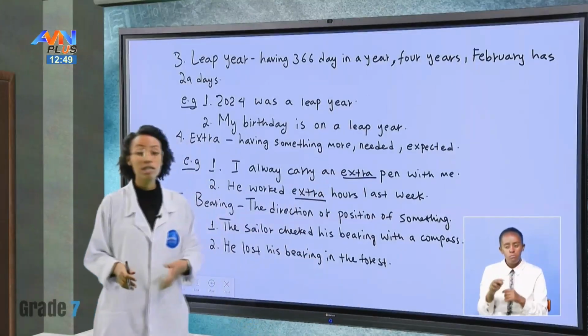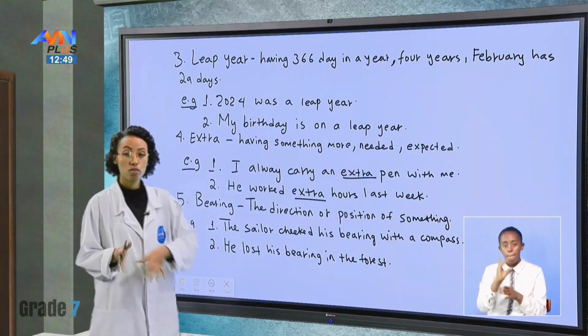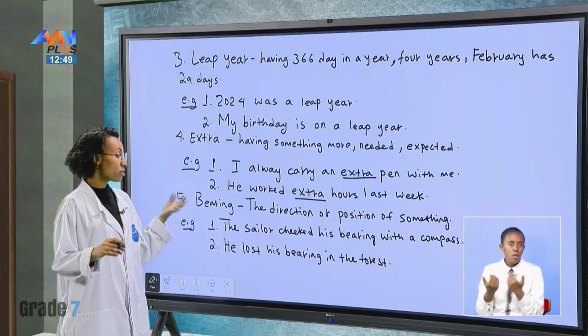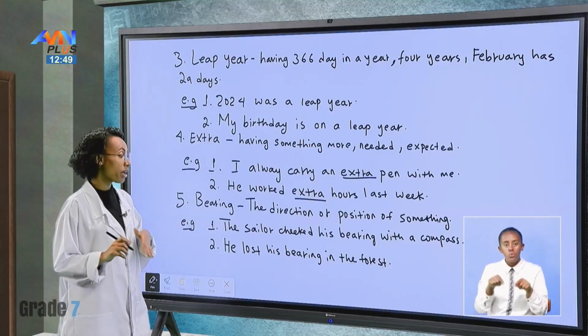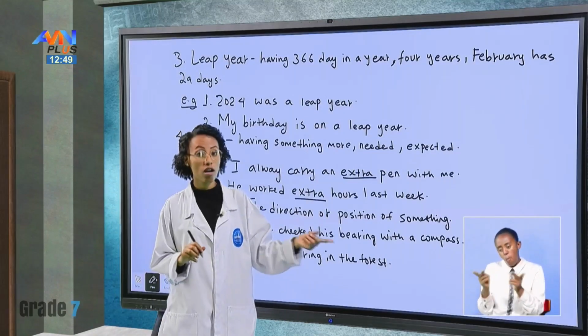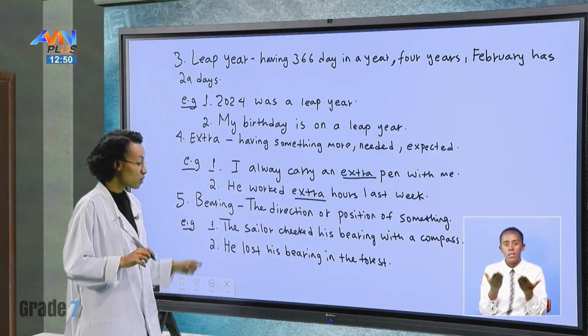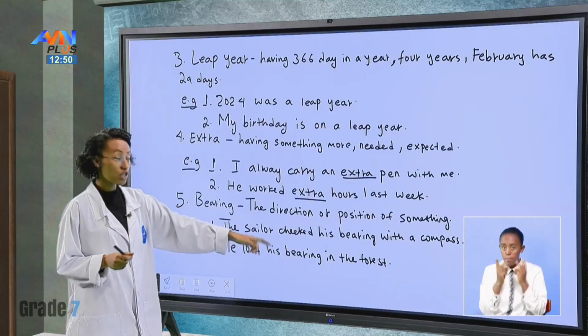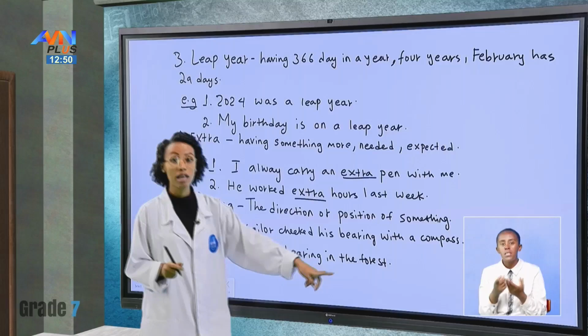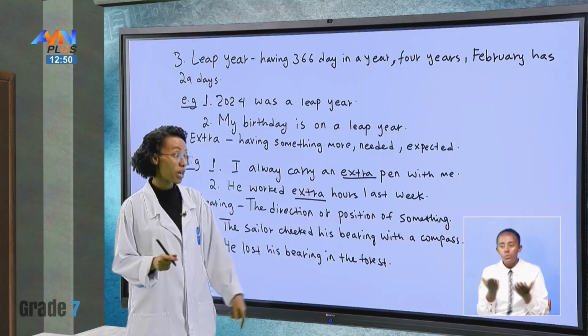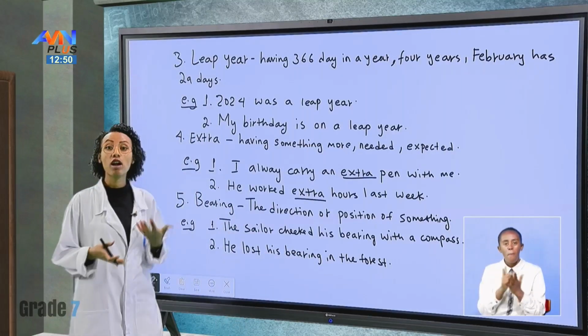Bearing has also another definition, but in this context, the definition that we're going with is the direction or position of something. So if you see in the first example, the sailor checked his bearing, meaning the direction that he is going, with a compass.